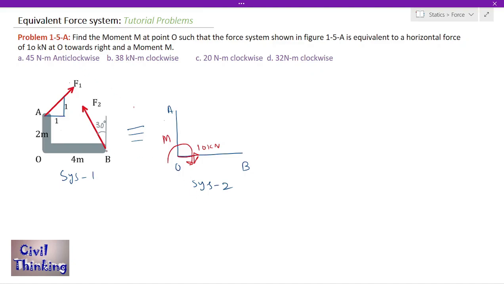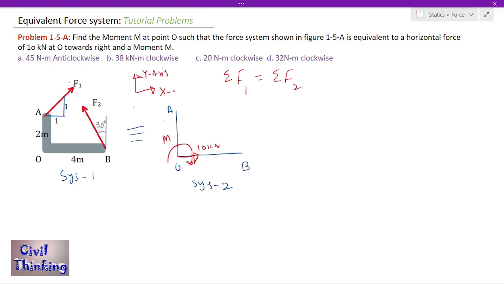Now these two systems are equivalent. This is system 1 and this is system 2. Because these two systems are equivalent, summation of forces in system 1 is equal to summation of forces in system 2. Let's assume this to be positive x-axis, and this to be positive y-axis.